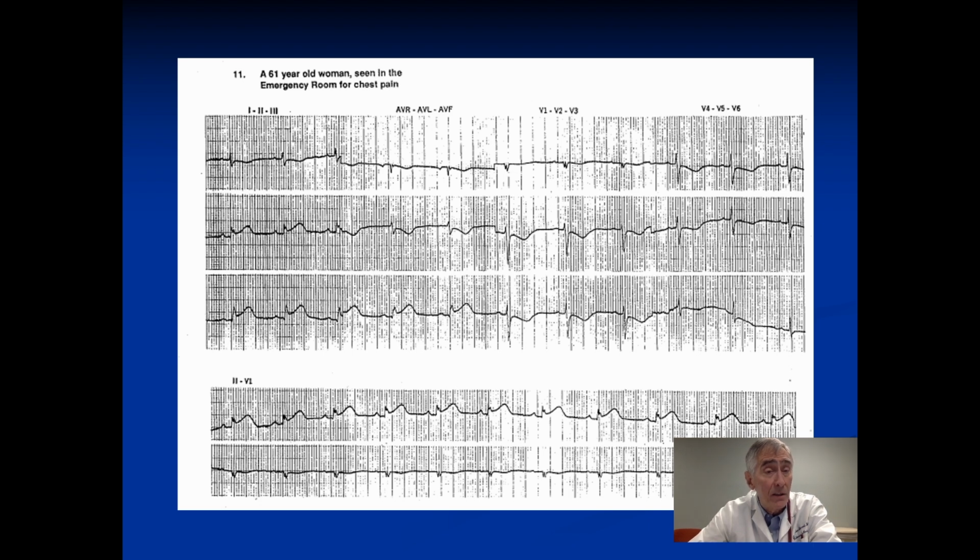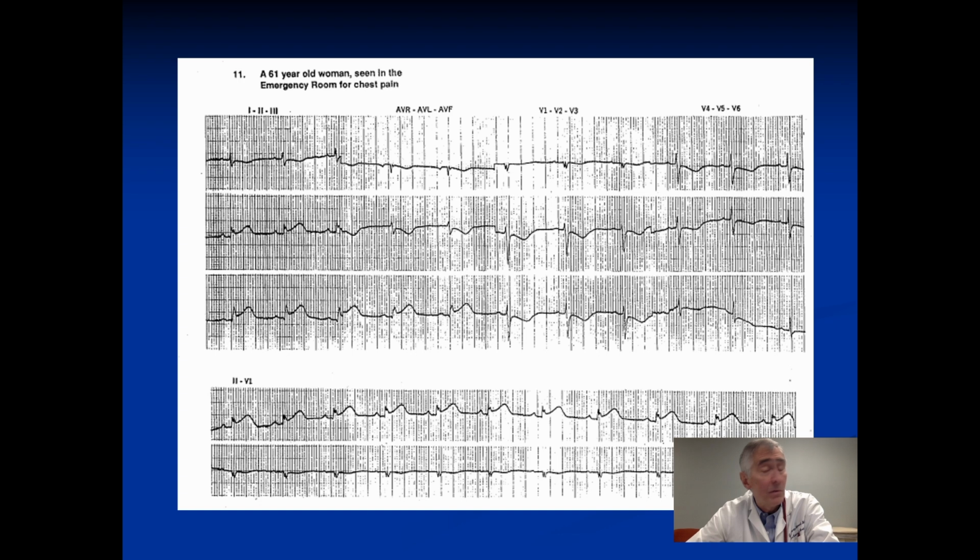But we look in the contiguous leads and we see ST elevation in lead 2, lead 3, and AVF. So we're saying this must be a right coronary artery inferior myocardial infarction. Now you might say because there aren't Q waves here, you could say, well, this is just injury. But we know that it's not pericarditis.